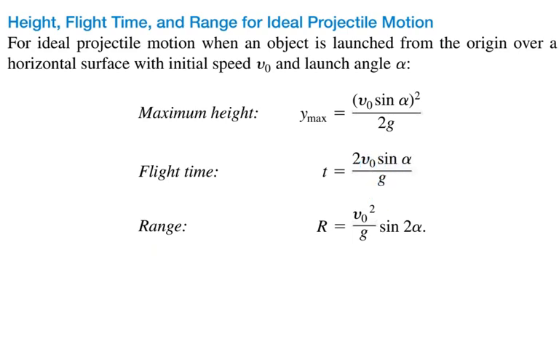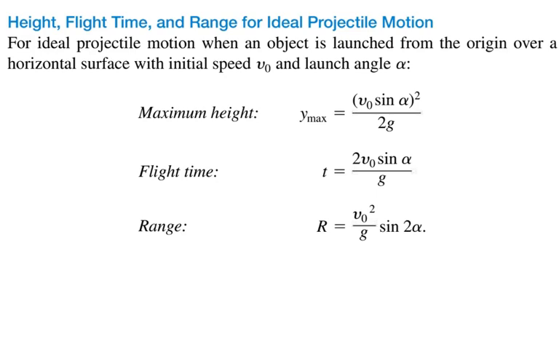And then the range is the speed squared divided by gravity times the sine of 2 times the launch angle, doubling the launch angle. I bring these three pieces in here merely because you may be asked about them in your homework. One more thing, ideal projectile motion means we're starting at the origin and limiting any outside factors that could affect the motion of our projectile.